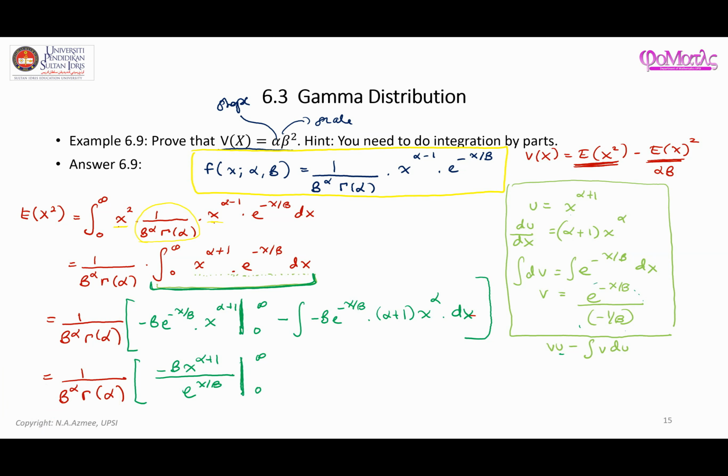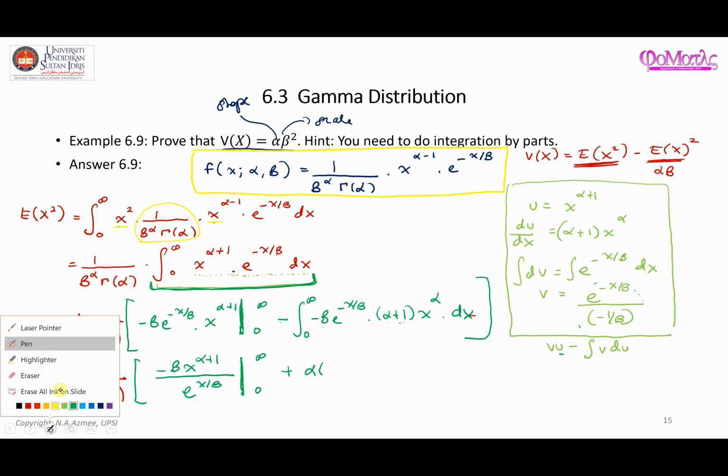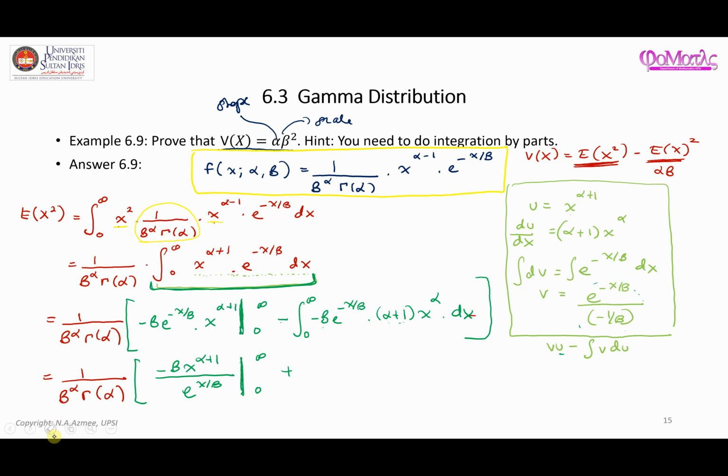Okay, doesn't matter. Next, negative is positive. And of course, we can see that beta and alpha plus 1 are constants that don't depend on x, so we can put them outside of the integral. So I'm going to write down beta^(alpha+1).